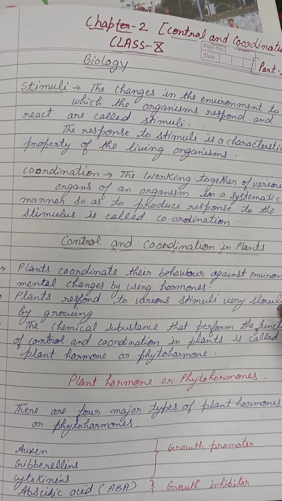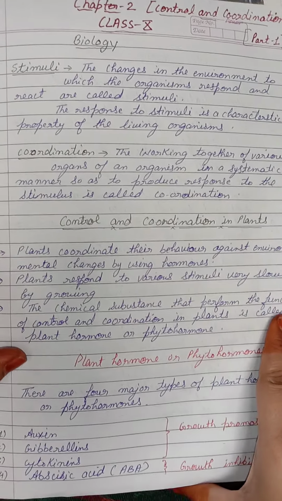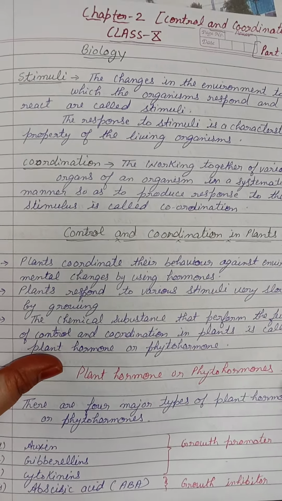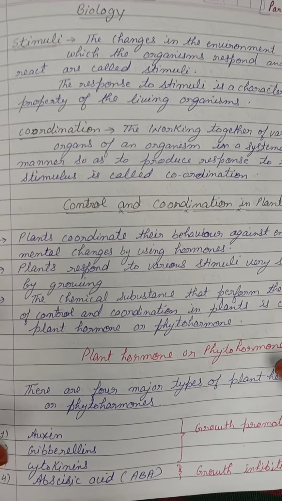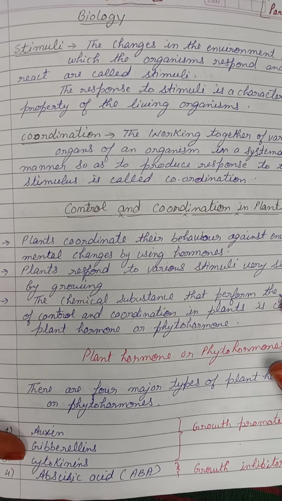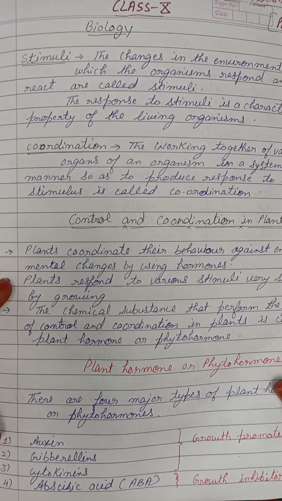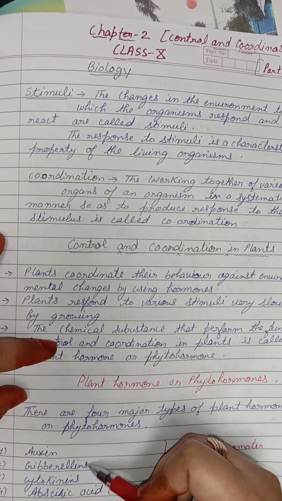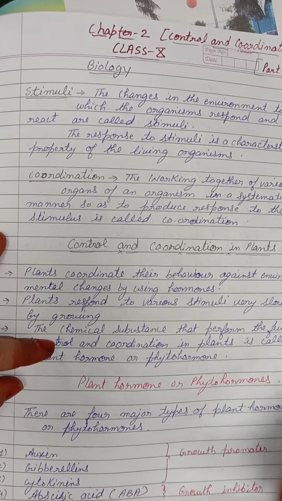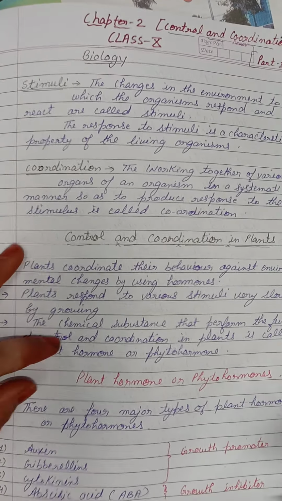We can also call them phytohormones. Now let me discuss the first plant hormones. We have four major types of plant hormones: first auxin, gibberellin, then cytokinin, and the last one is abscisic acid. Of these four, the first three, auxin, gibberellin and cytokinin, are hormones that promote growth, meaning they increase the growth of the plant.